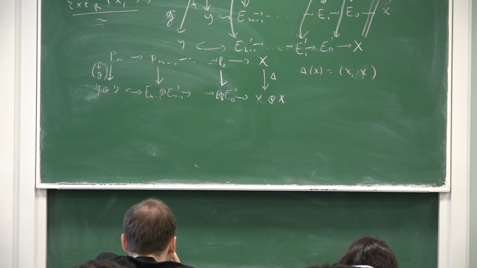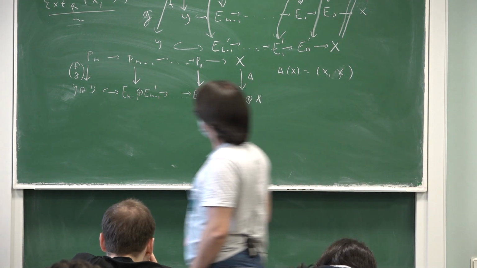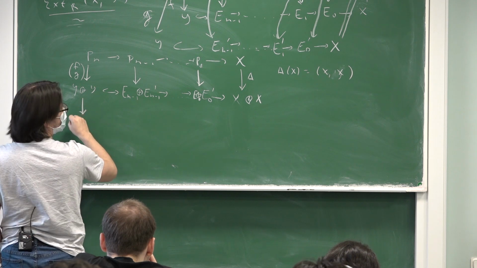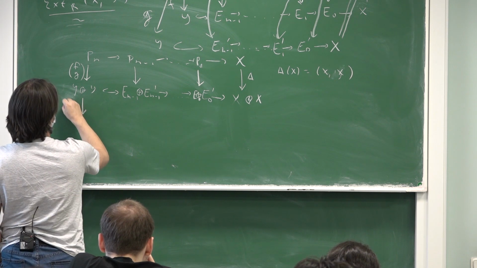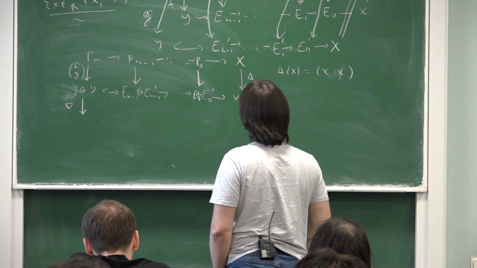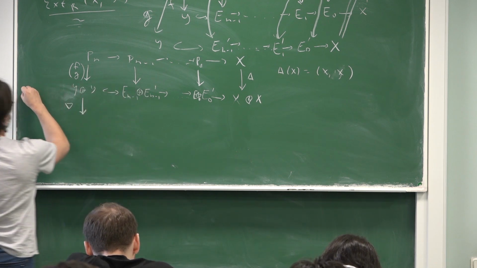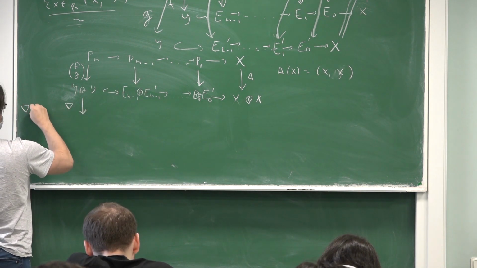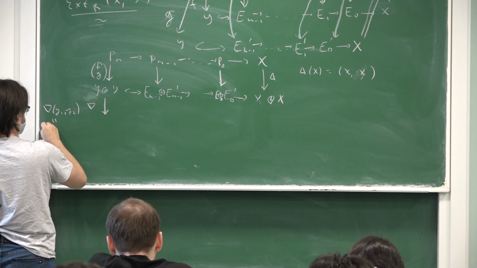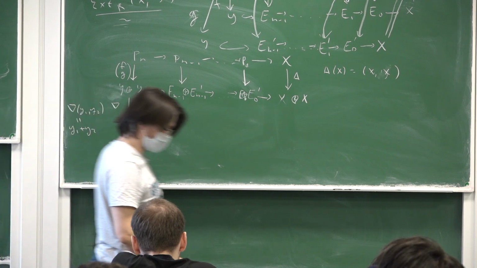Well, to obtain f plus g, we can compose this map with the map delta, yes, which is the map that sends y1, y2 to y1 plus y2. It is called the codiagonal map.